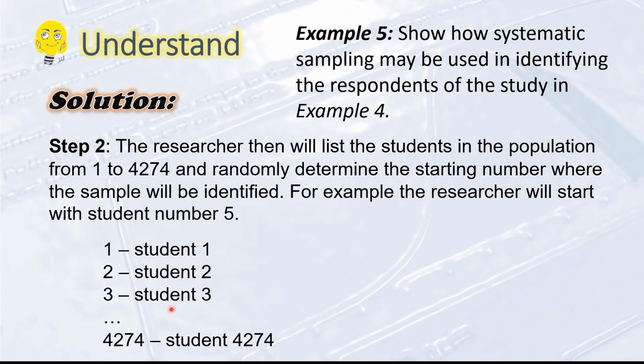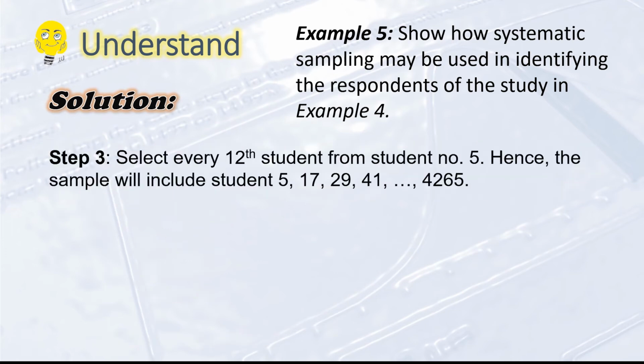The pattern continues until student number 4,274. The researcher will then select every 12th student from student number 5. Hence, the sample will include students 5, 17, 29, 41, until 4,265.